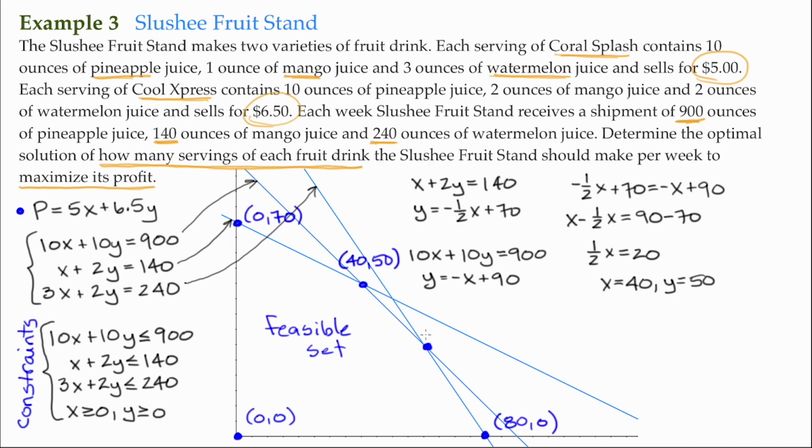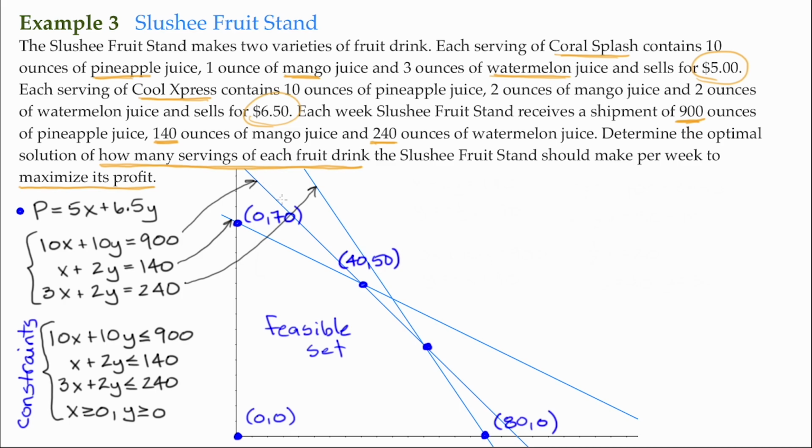Now we'll do the same thing for this coordinate here. So again, we have this line right here. And this line again is 10x plus 10y is equal to 900. We write it in slope-intercept form. Y is equal to negative x plus 90. And that intercepts this line right here.